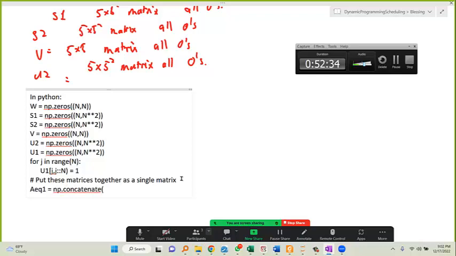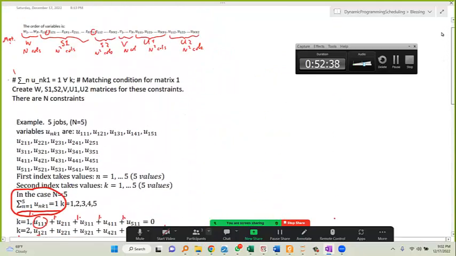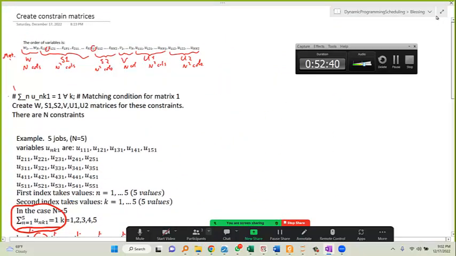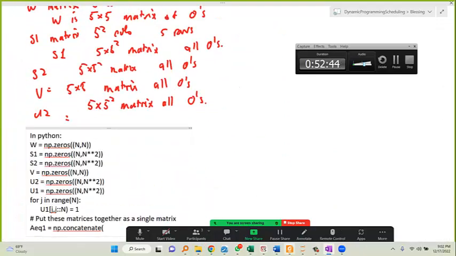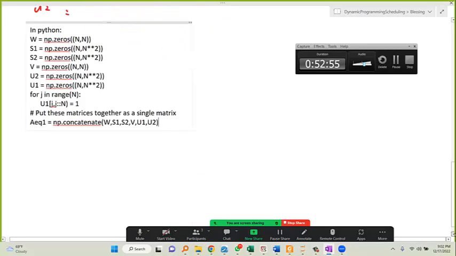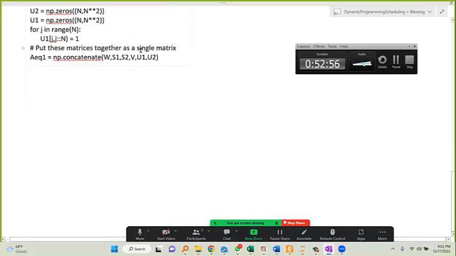Now in this case, I have to put them in the right order. The first was W, S1, S2, V, U1, U2. Okay, so that's the first equality matrix.